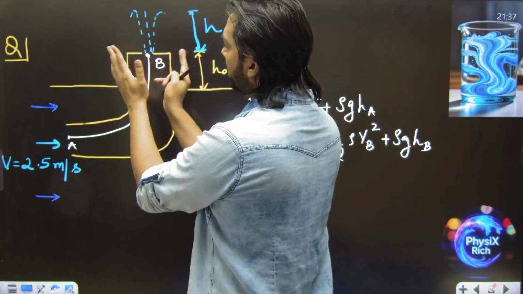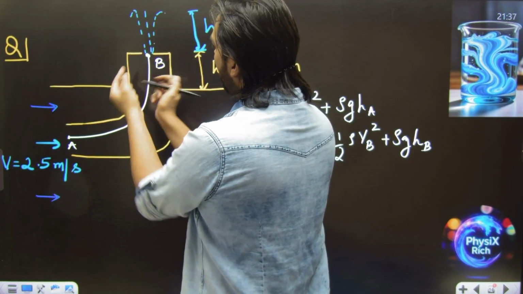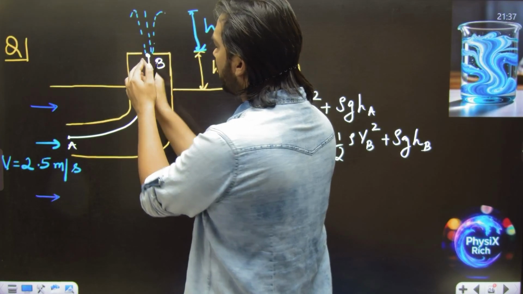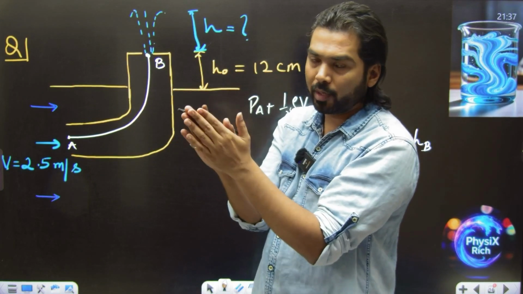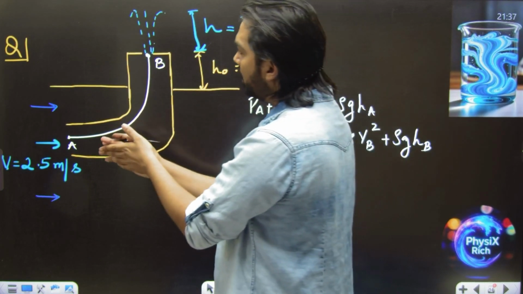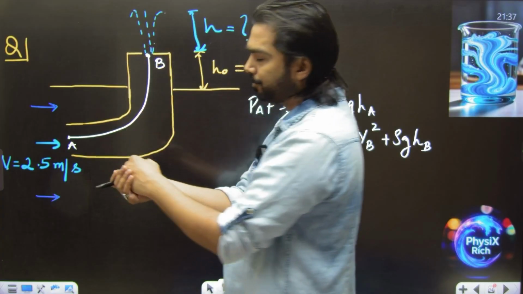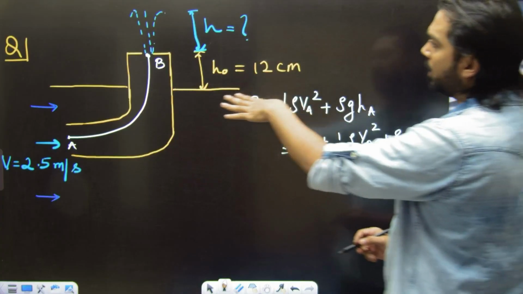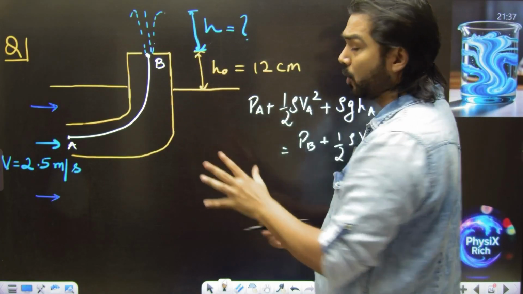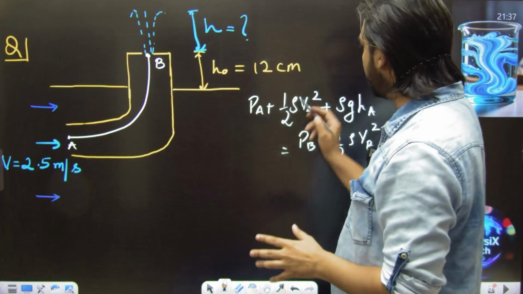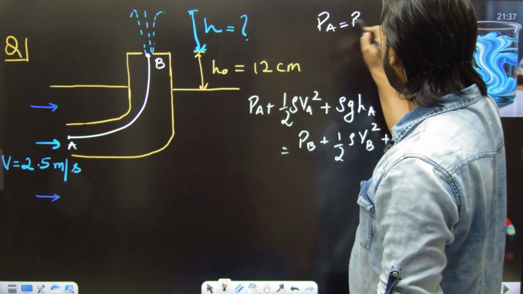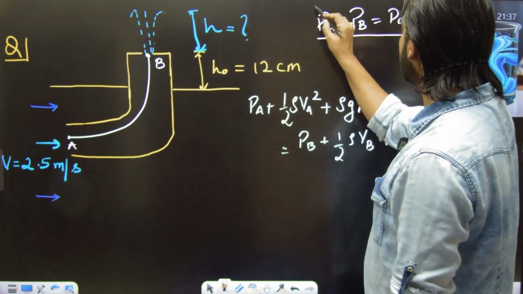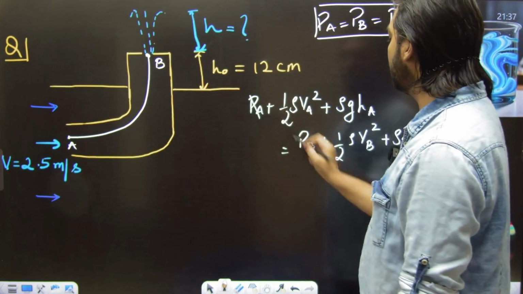After that, we cannot really say how the edges of this hole are, and because of these corners, maybe there is some mixing of the fluid and some turbulence. So we cannot apply Bernoulli's theorem beyond this point B. So the pressure at A and pressure at B must be equal to the atmospheric pressure P naught, and that's why we will cancel these terms out.